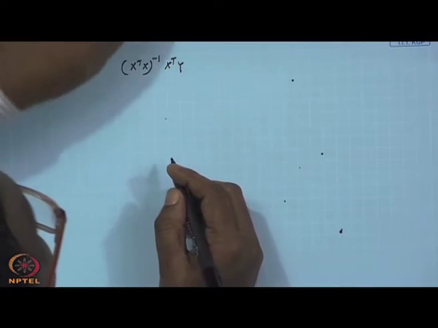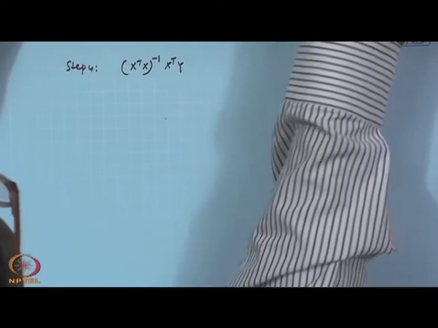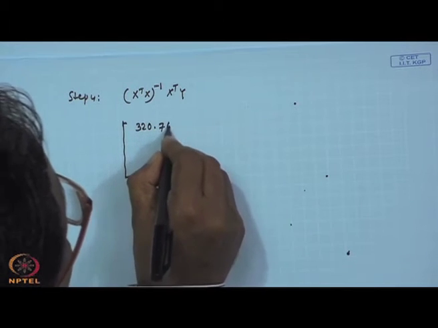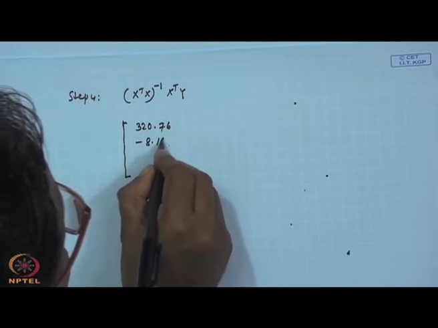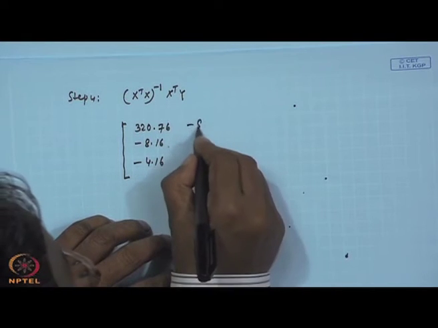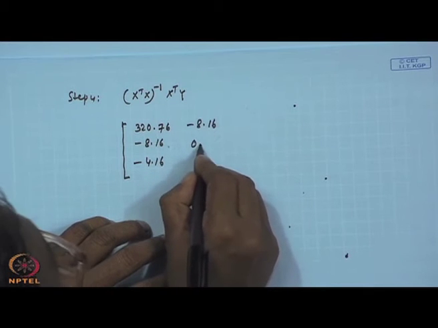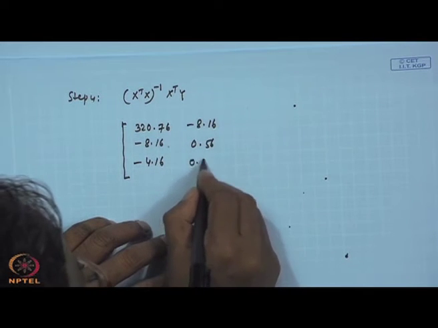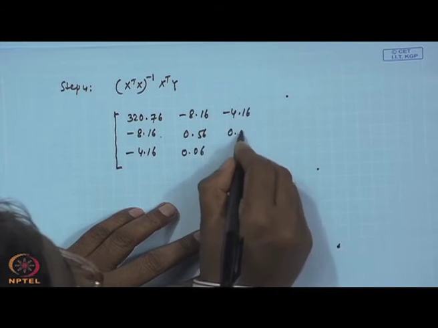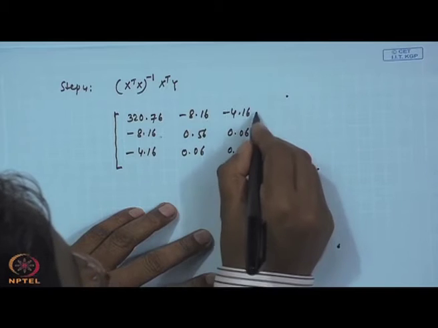We have found it out here, so you write it down: 320.76, minus 8.16, minus 4.16, minus 8.16, 0.56, 0.06, then minus 4.16, 0.06, 0.06.